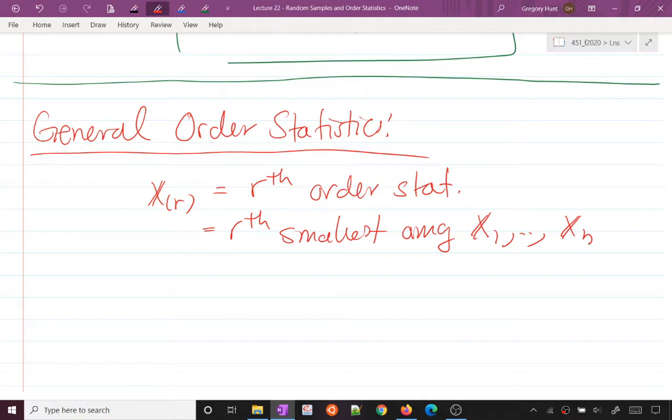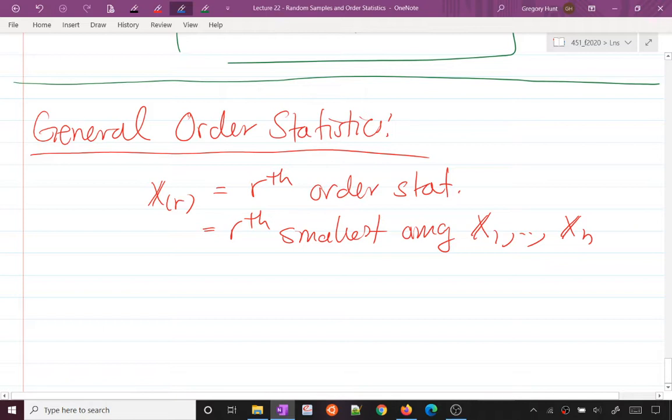One thing to keep in mind is the difference between x sub r with the brackets around it, that's my rth order statistic, and just the rth of my sample. Totally different things, right? Any of my random sample could be the rth smallest, depending on how my draw happens.